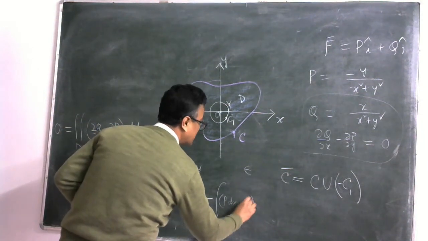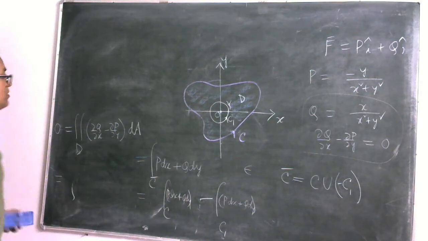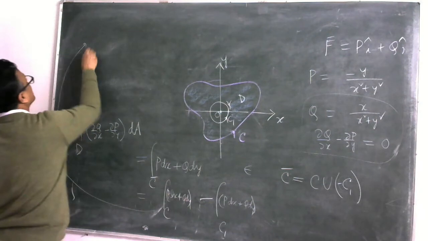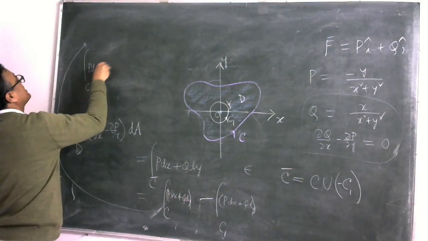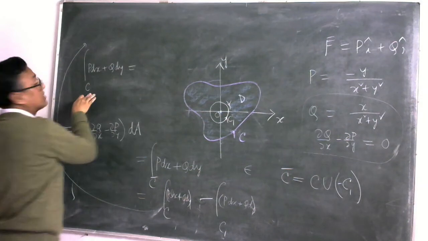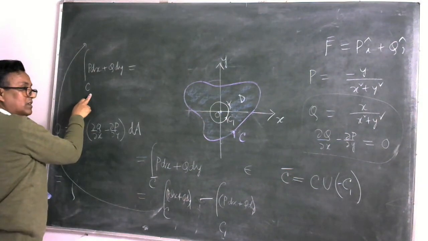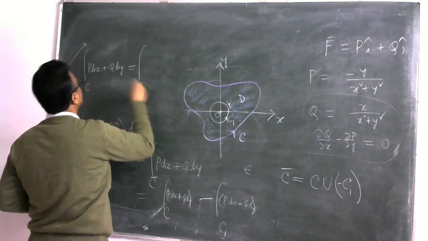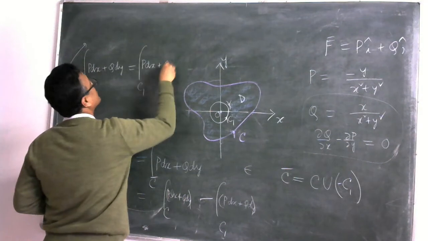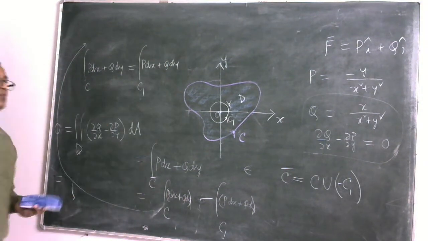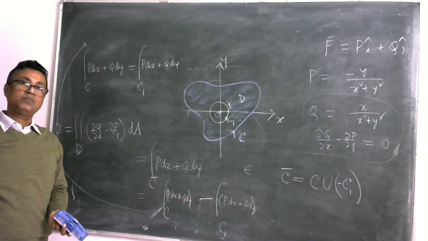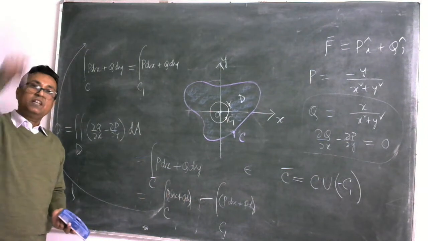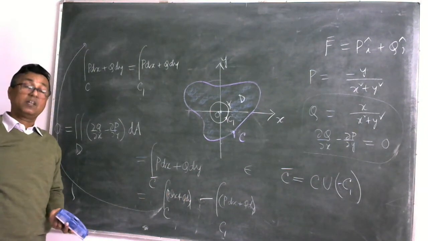Now basically what I have got from here is that the integral over C of P dx plus Q dy, which was my original curve, which enclosed the origin, has become the integral over C1 of P dx plus Q dy. But the difference between C and C1 is that C is any arbitrary curve, and C1 is along the perimeter, along the circumference of a circle.